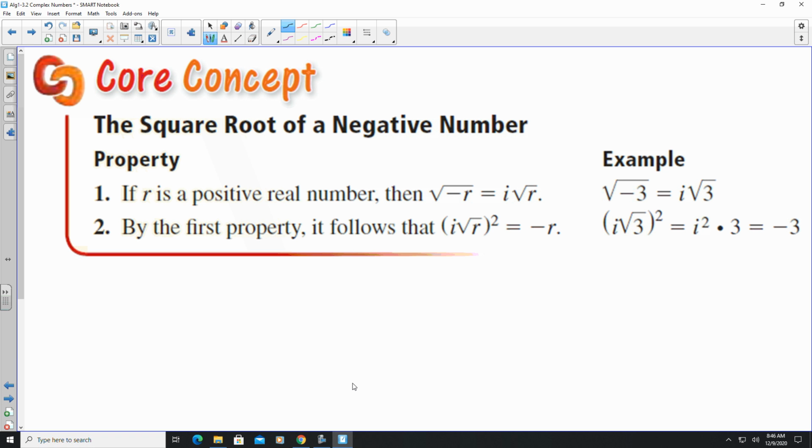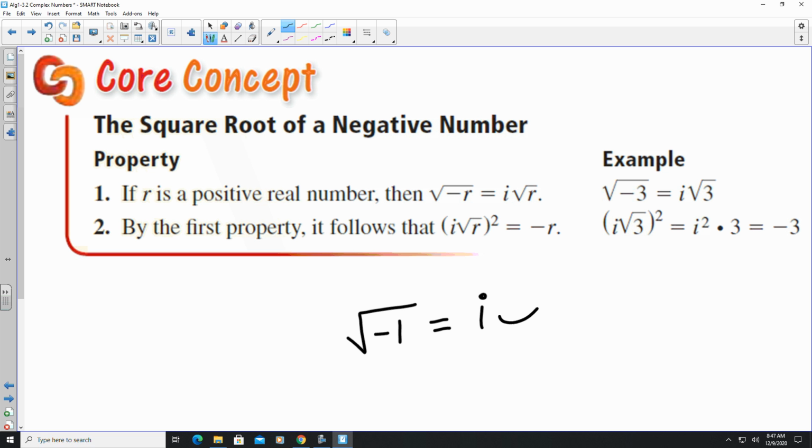So what we have here is the square root of a negative number property. Anytime you have a negative number inside of the square root, you can denote that with the letter i. Basically, the square root of negative 1 is going to equal i.